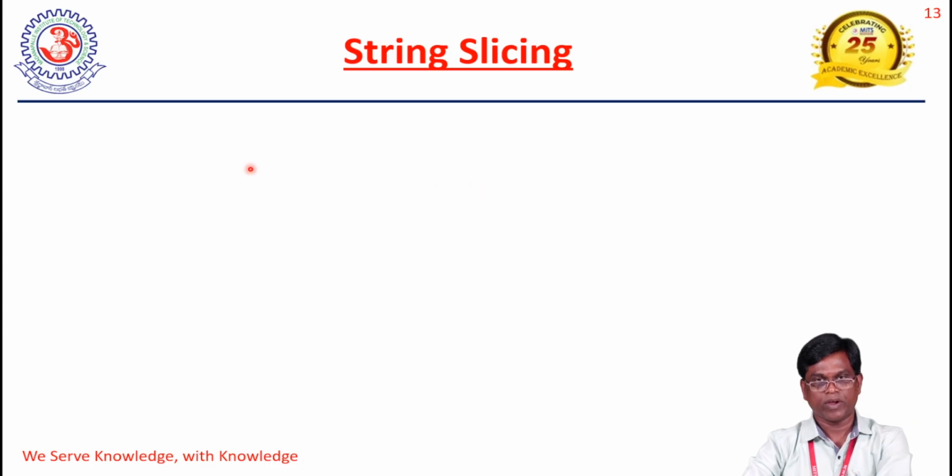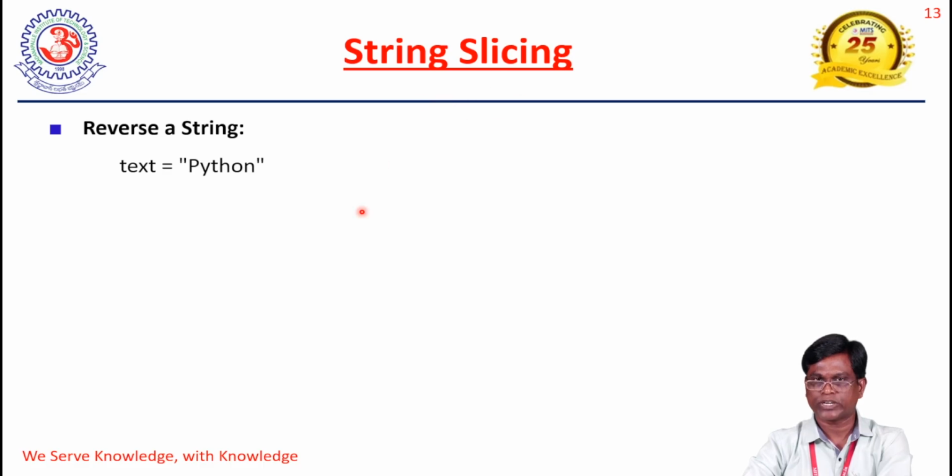Here we are going to discuss some important operations that we can do by using the string slicing property. Let us see them one by one. First, I can reverse a string by using string slicing. Let us see this example.